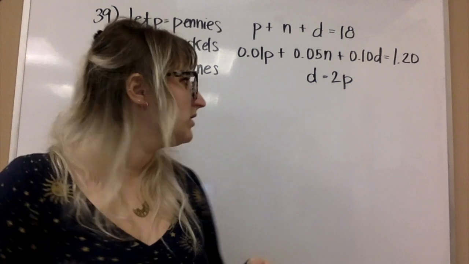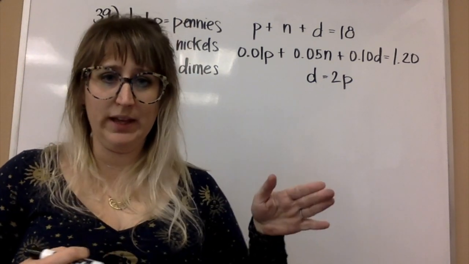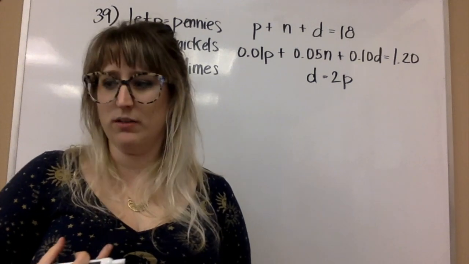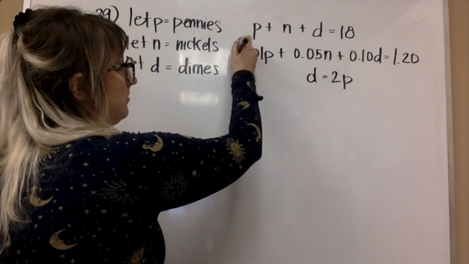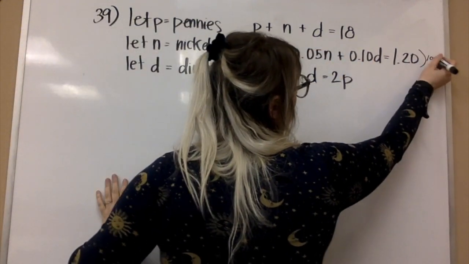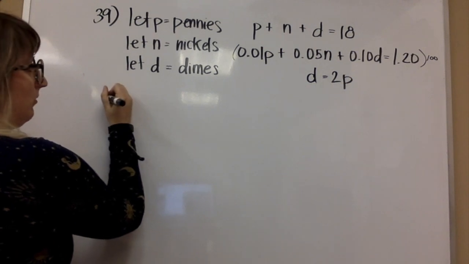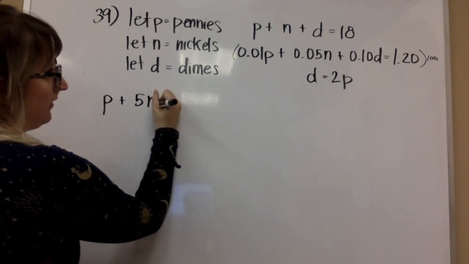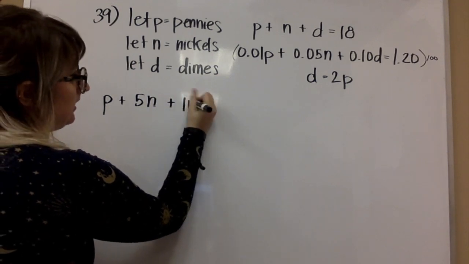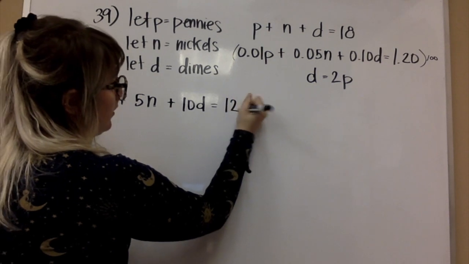Actually, let's multiply the whole thing by 100, and then we'll deal with whole numbers rather than decimals. So I'm going to rewrite this. I'm going to multiply the entire thing by 100. So I'm going to have 1p plus 5n plus 10d equal 120.